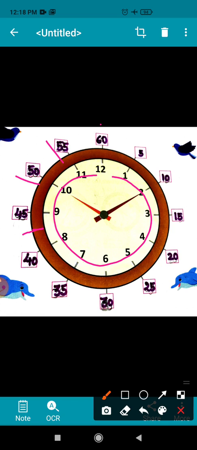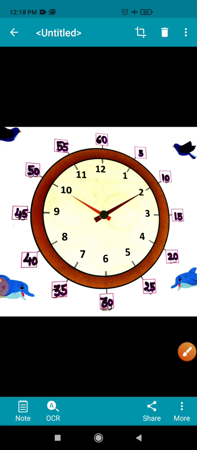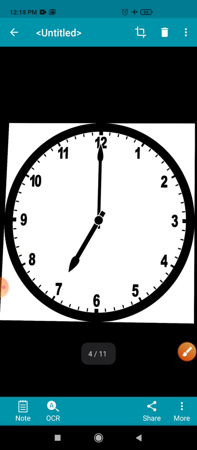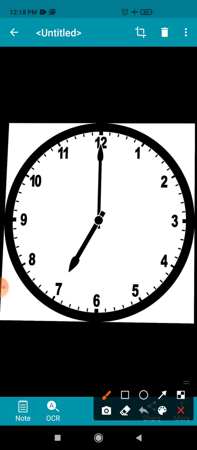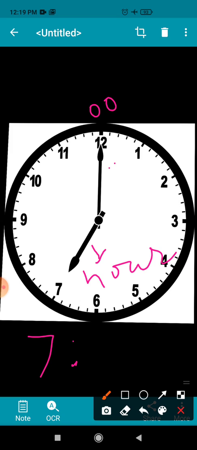Now let us see how we can read time. The starting position is 12. We will always count from the starting position. Now here what do you see? The short hand of the clock is on 7, and the short hand is our hour hand. So it will be written towards your left side as 7, and the big hand or long hand is on 12, so it will be considered as 00.